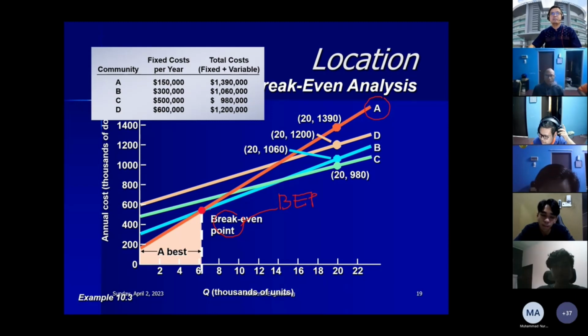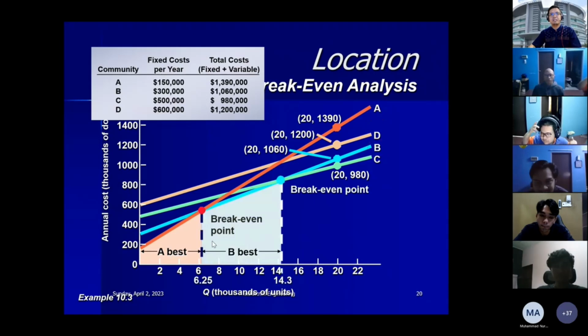So we see line A intersects with line B first. Here is the intersection, so we draw here and we get this is A base. The point number will be 6.25, the first intersection between line A and line B.